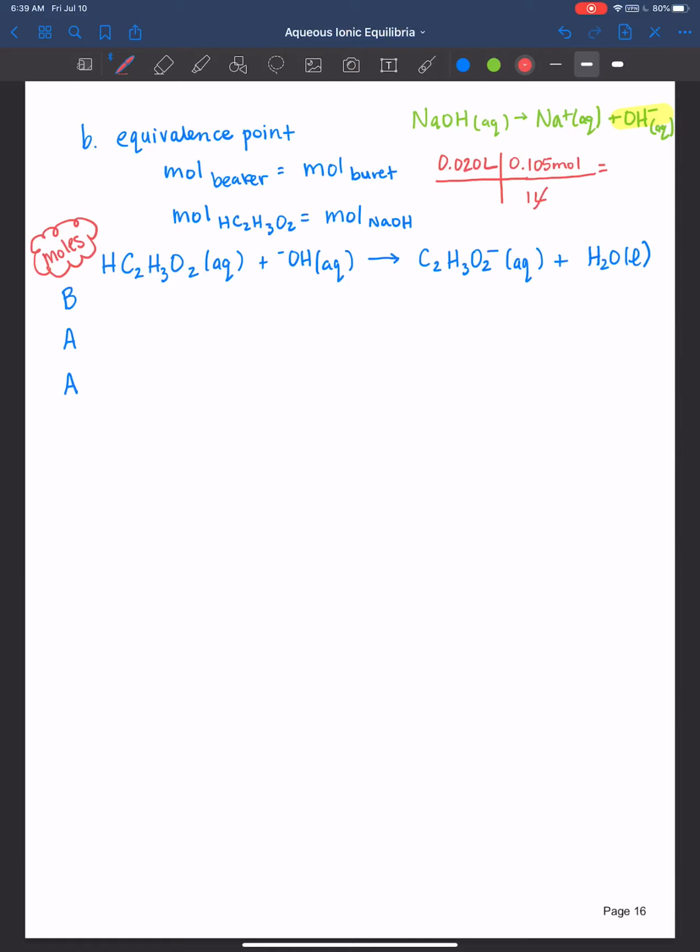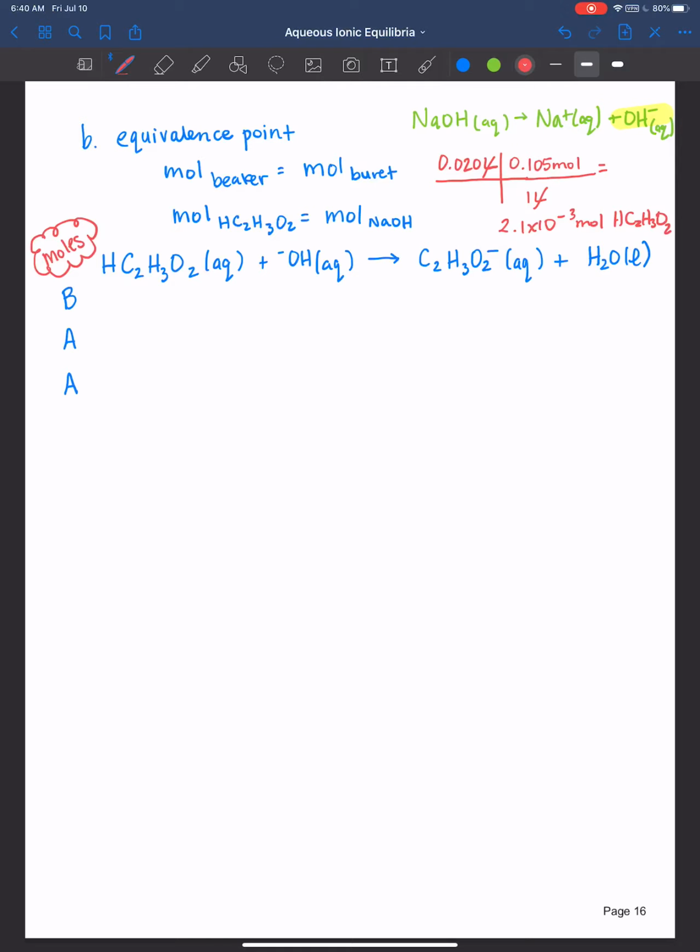So that liters cancels out. And so in our beaker, to start before addition, is 2.1 times 10 to the negative third moles of acetic acid. So we will use that calculation throughout this problem here.